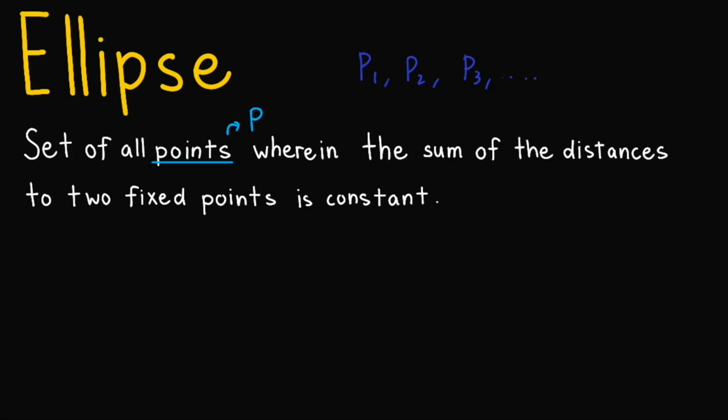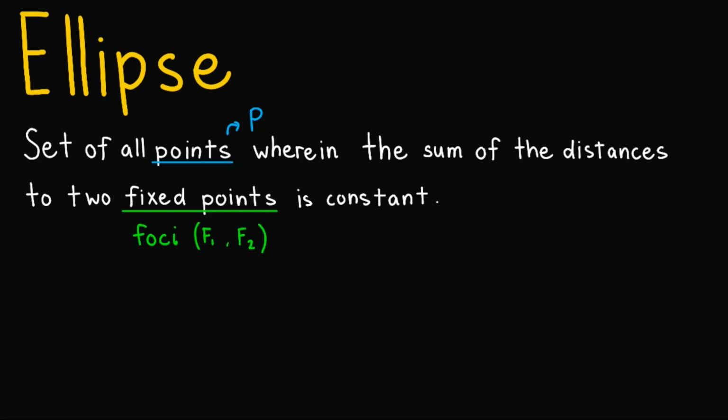Aside from this, the two fixed points out here are called the foci, the plural of focus, since we have two fixed points out here. We denote these as the points F1 and F2.